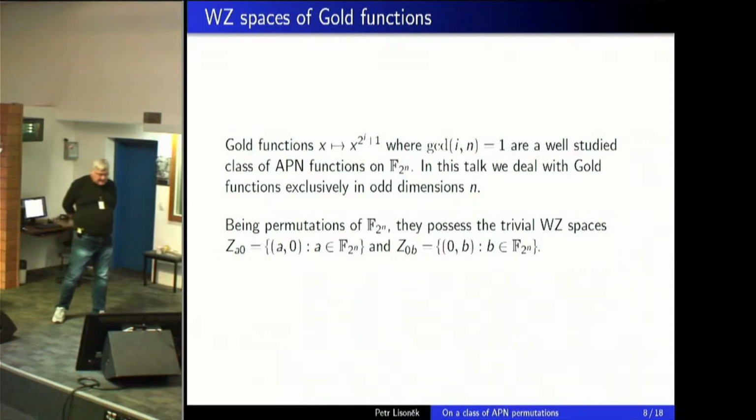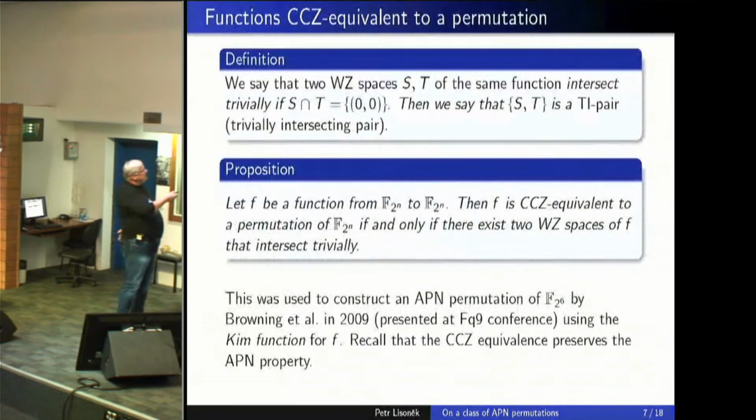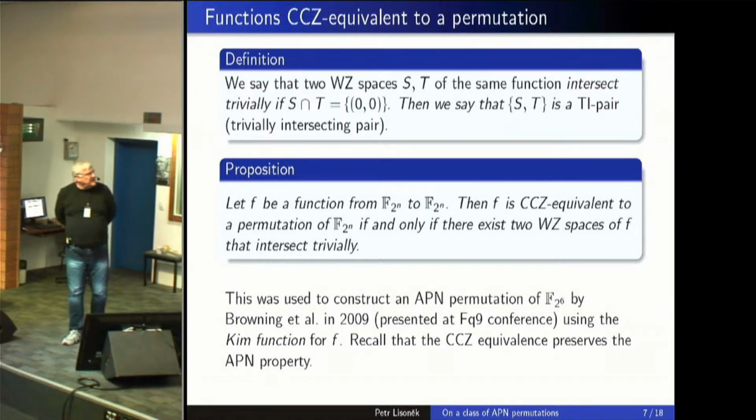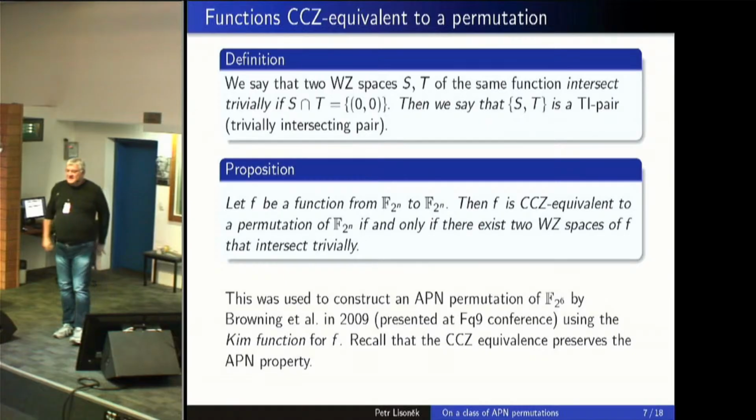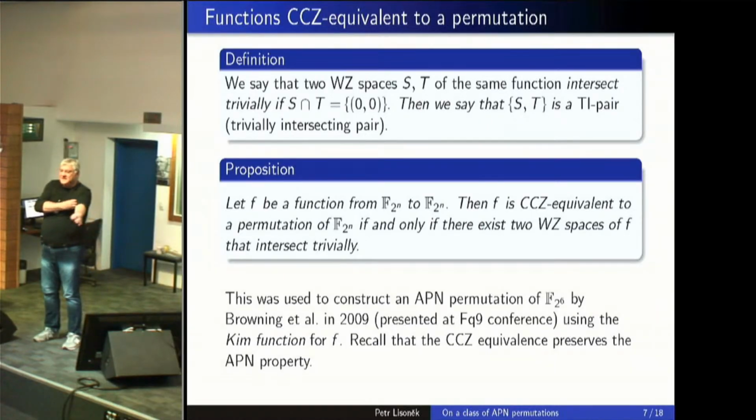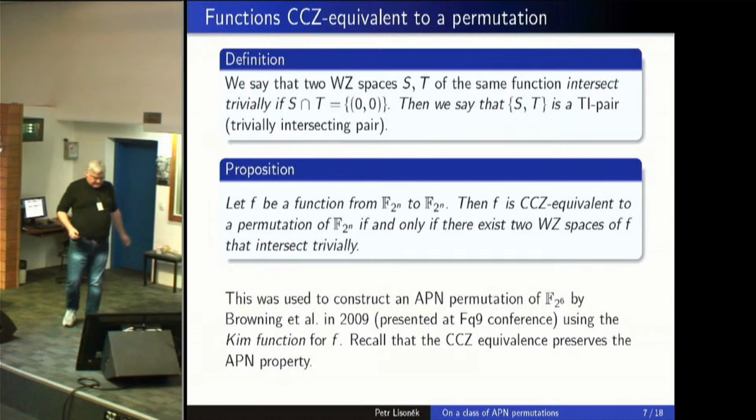So they started with the Kim function. What happens if you start with some other functions instead? That was the subject of many papers ever since 2009. Since we are at Fq16, I should mention that that result was presented at Fq9 at this conference, the 9th edition in Dublin.